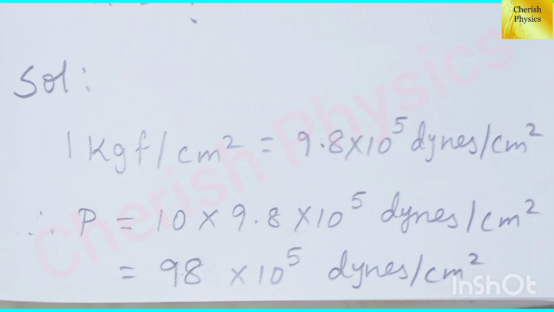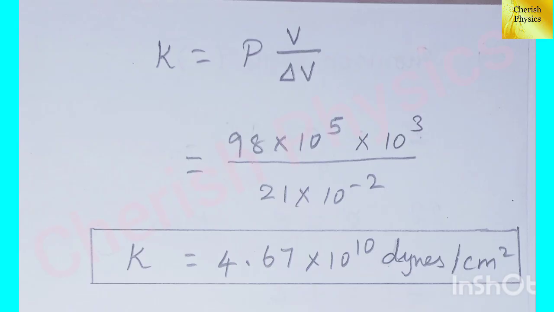We know 1 kilogram force per centimeter squared equal to 9.8 into 10 to the power 5 dynes per centimeter squared. Hence, pressure P equal to 10 into 9.8 into 10 to the power 5 dynes per centimeter squared, which is equal to 98 into 10 to the power 5 dynes per centimeter squared. The formula of bulk modulus K equal to P into V divided by delta V. Substitute the values, we get 98 into 10 to the power 5 into 10 to the power 3 divided by 21 into 10 to the power minus 2.